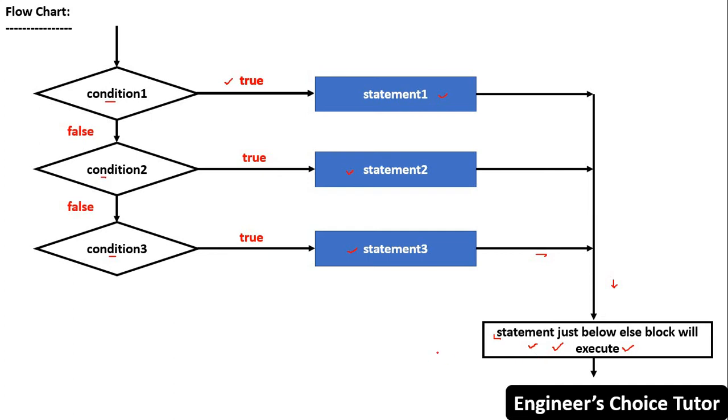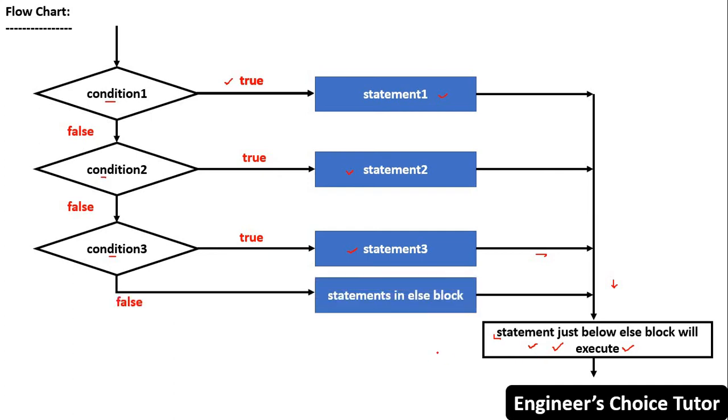And if condition 3 is also false, then the statement present inside the else block will execute. Definitely, right? If none of the conditions is true, then the statements present in the else block will execute. That is the theory we have just covered. So this is the flow chart. I hope this much is pretty clear to you.